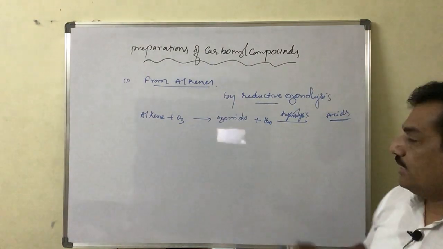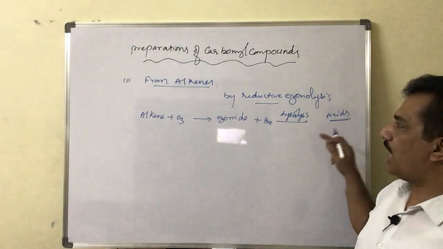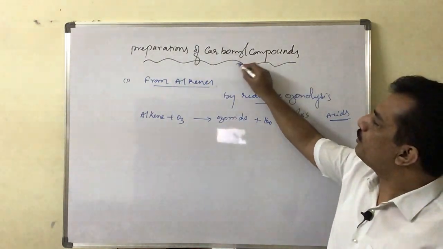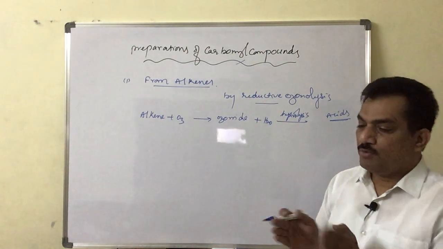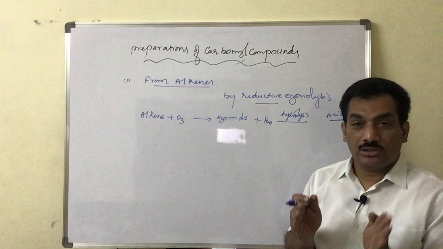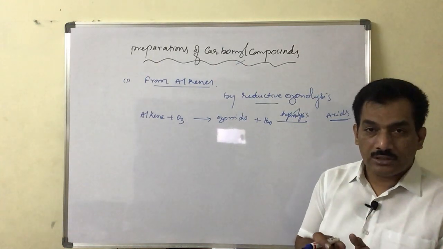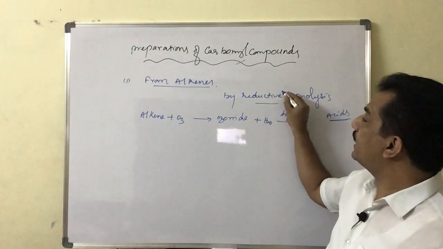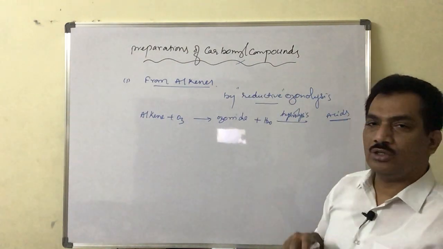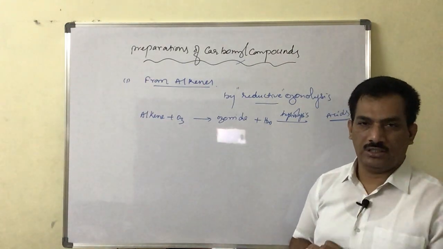Now when it is hydrolyzed normally, it will give the acids, but our intention here is to prepare carbonyl compounds, is it not? That means just before the acid formation the oxidation should be restricted. For that purpose, instead of full-fledged oxidation, we are using reductive ozonolysis. Reductive ozonolysis means simply we can consider a controlled oxidation.